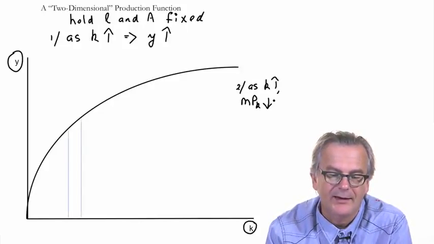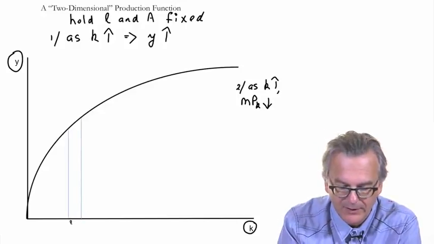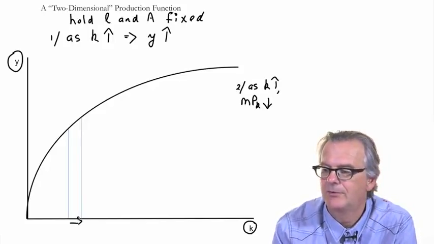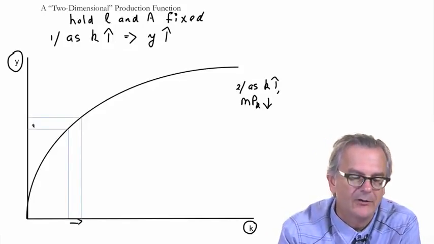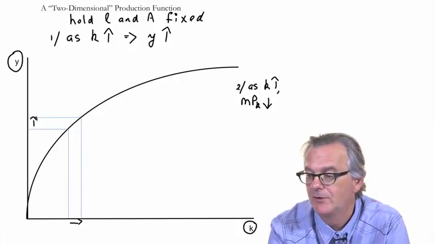And that is illustrated very nicely by the following. So here we have increased the amount of capital, and then we can read off the vertical axis how much extra output is the result.